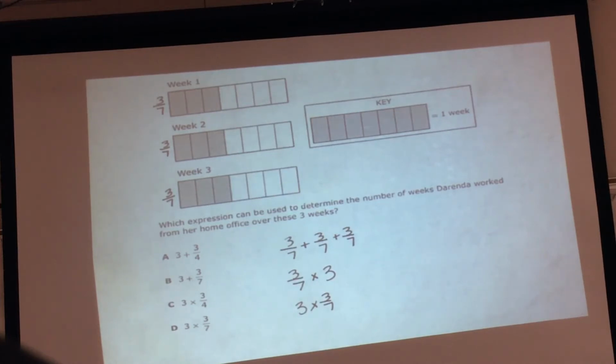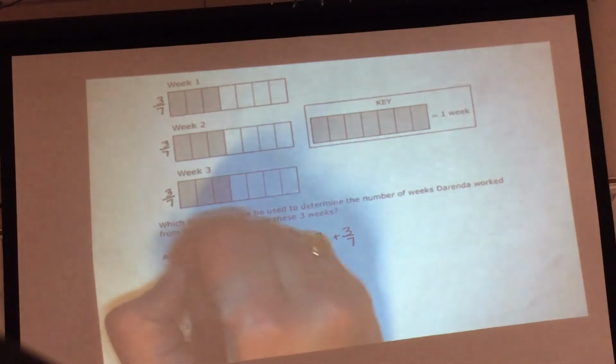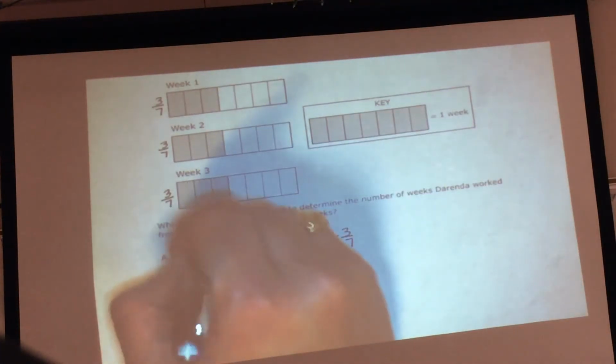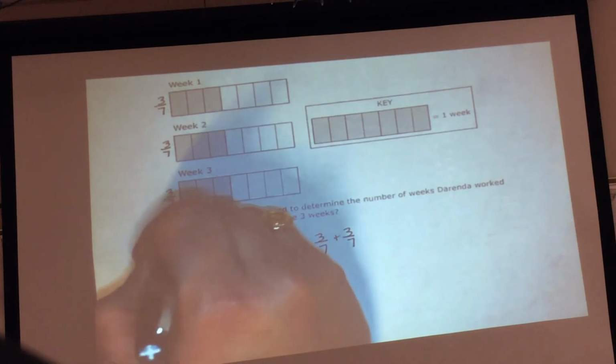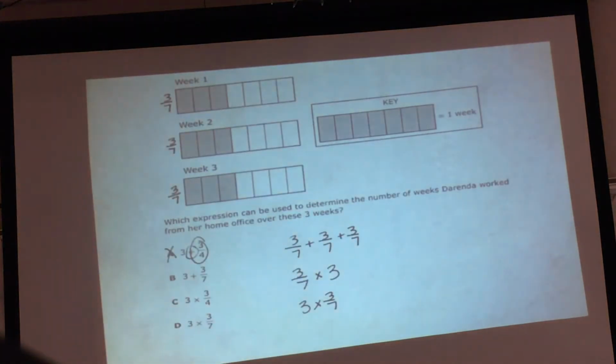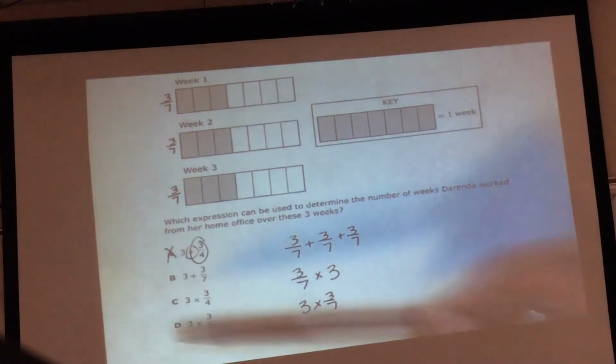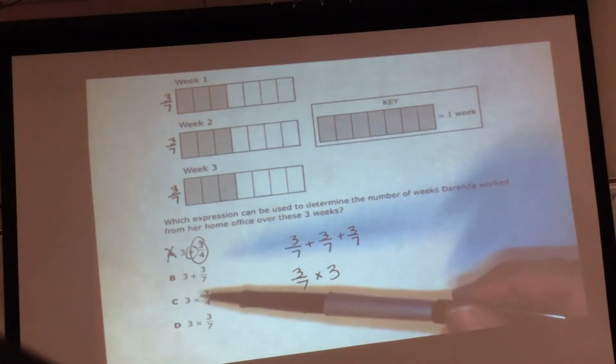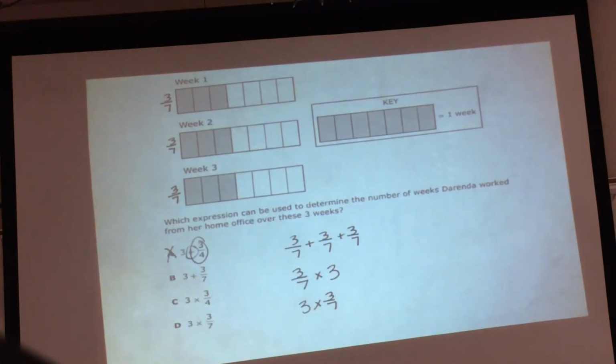So looking at A, what is wrong with A? It's multiplying. So let's talk about B. Is this the correct addition expression for it to be the right answer?